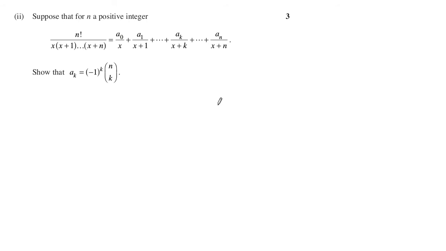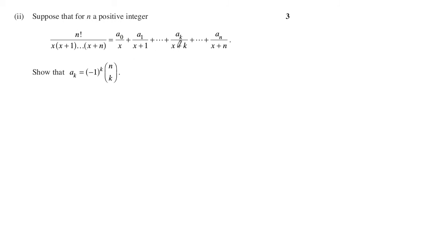Okay, so for this one, we're going to do pretty much the same thing as we did in part 1. We're going to multiply both sides by this denominator and cancel stuff out. So like that one times this, the x's will cancel. And what we want to do, so we're trying to find AK. We're interested just in this term and not in the others.